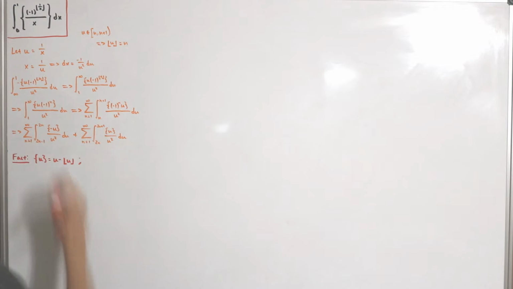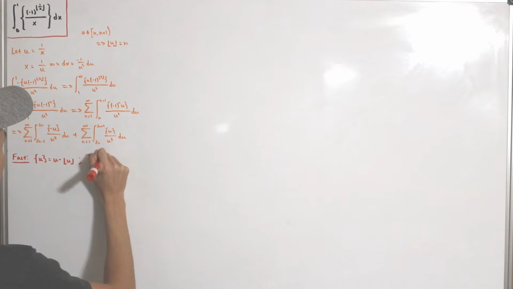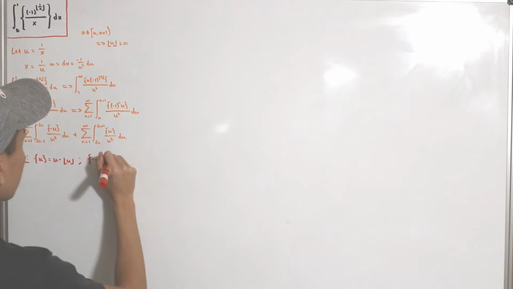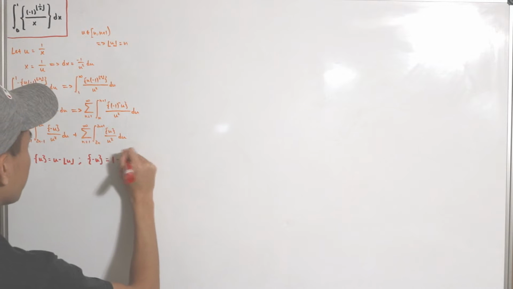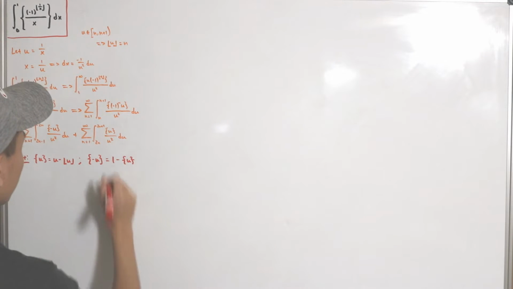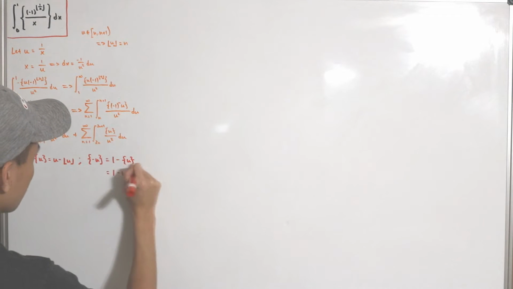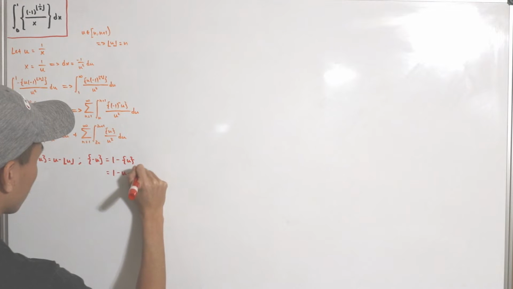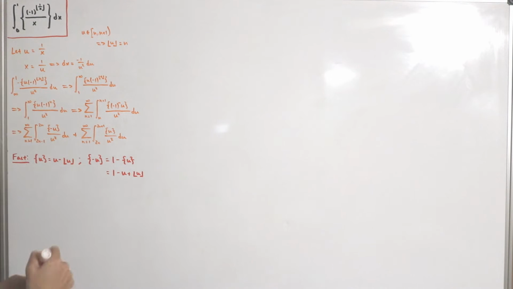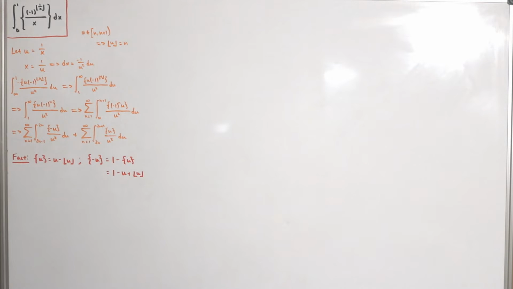Because we have a fractional of negative u, another definition we'll be using is that the fractional of negative u equals 1 minus the fractional of u. In other words, that can also be written as 1 minus u plus the floor of u. Nice, so we use that definition to substitute into our above sum.